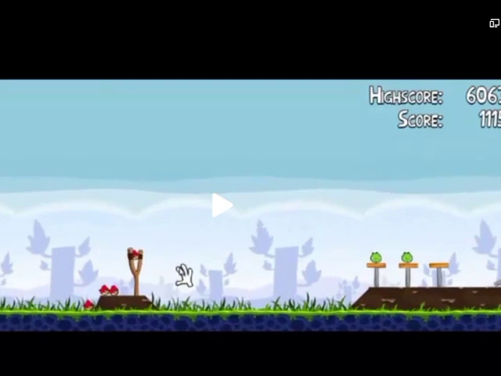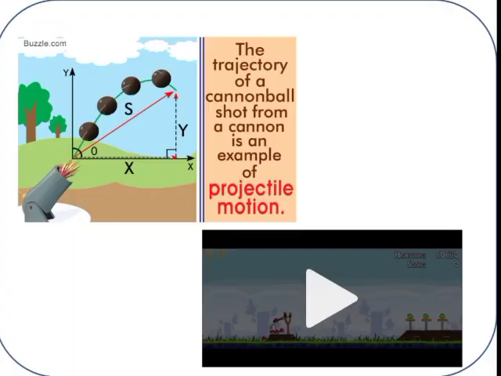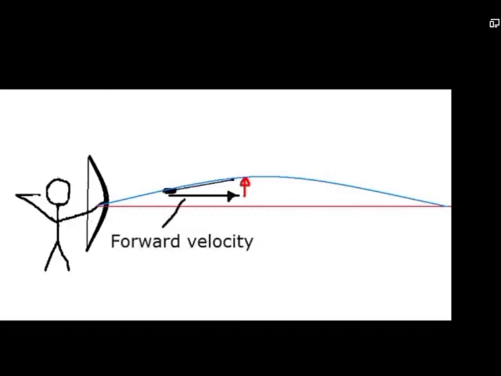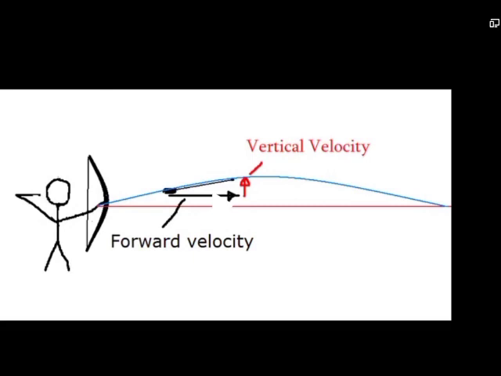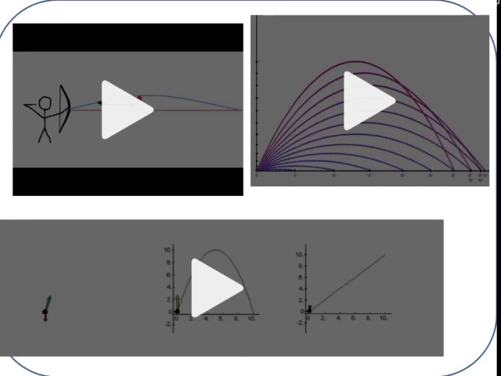So this is a good example for projectile motion. Next one. This is also one more example. So the forward velocity. Here also you can see this path. So this path shows what? Projectile motion path, the trajectory.